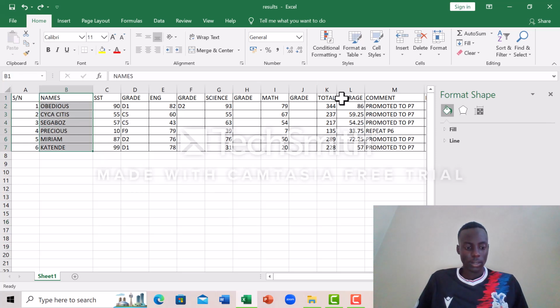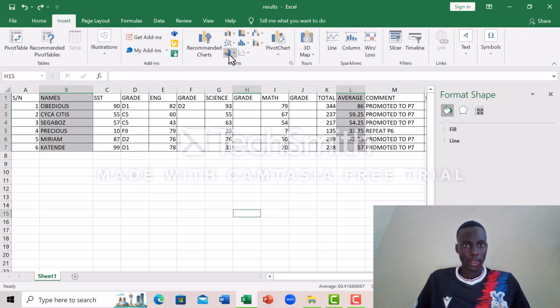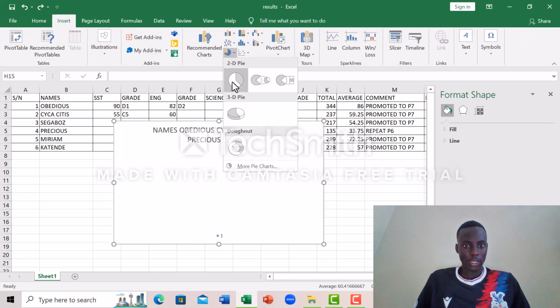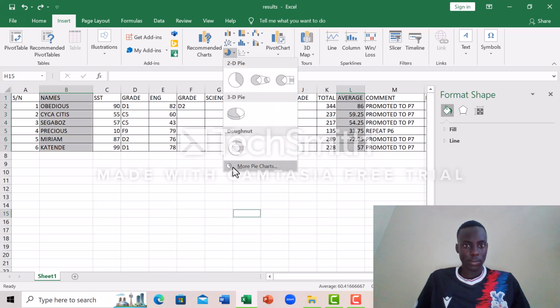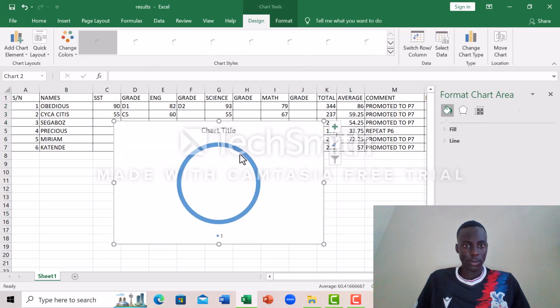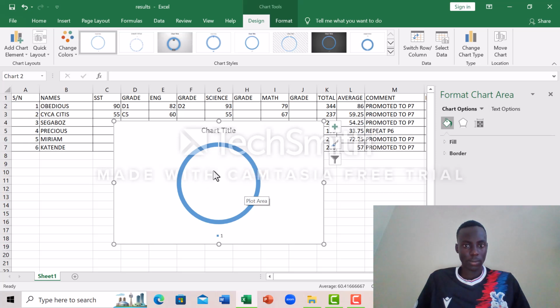Highlight and press Ctrl. We're going to choose average and make a pie chart. So we shall come to insert, because these pie charts are found in insert. Come, a pie chart. Yes, a donut pie chart.